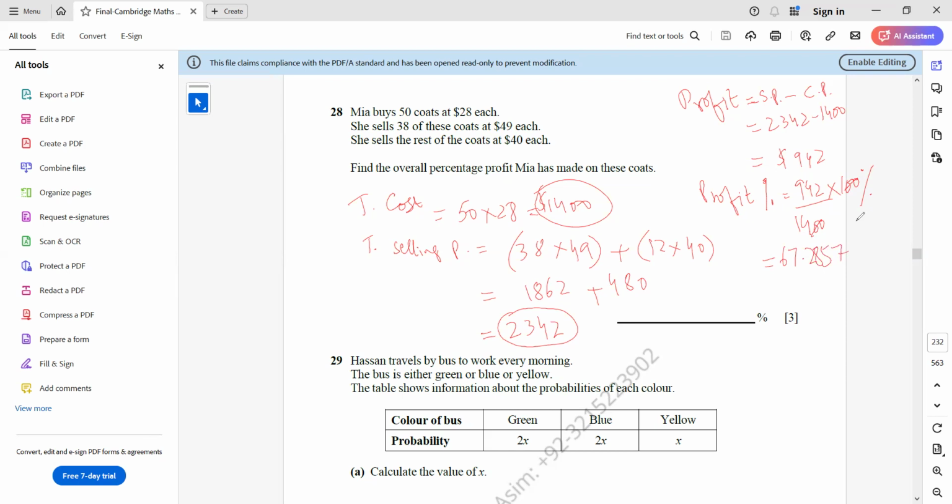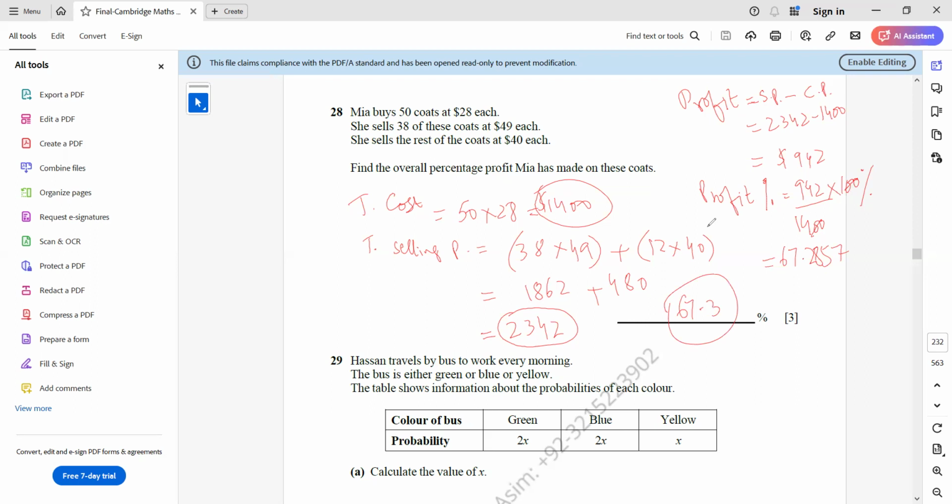You can write it down as 67.3%. So this is how it is to be done. This was so straightforward, but it had to be done in these steps. That's why it contains 3 marks.